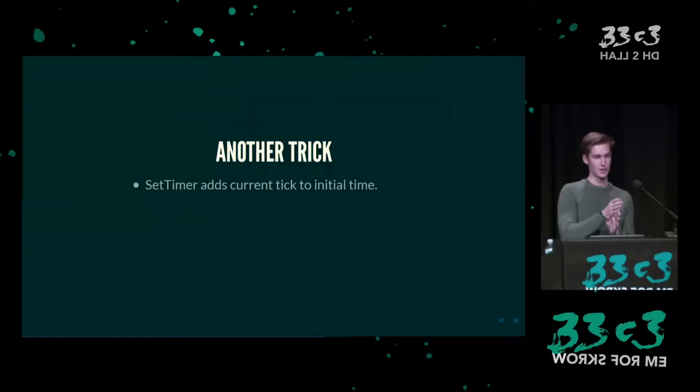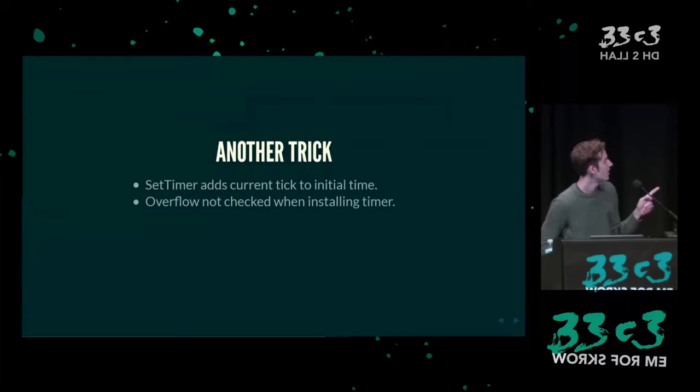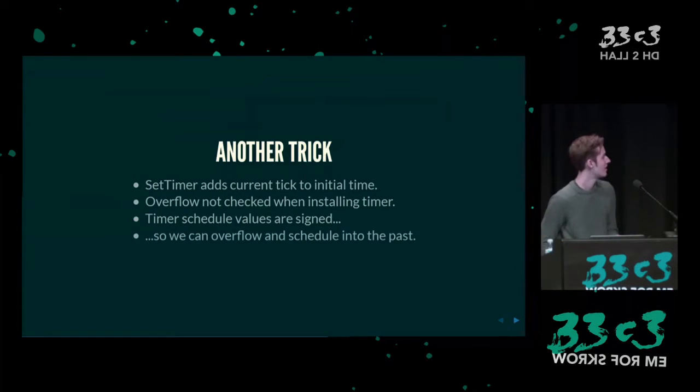Obviously, it's adding the current time to the 1 second to know when to trigger this timer. So set timer is the one that does that add for you. They don't check for overflow when installing it, and timer schedule values are signed, which is also a bit weird. So we can overflow and schedule into the past.